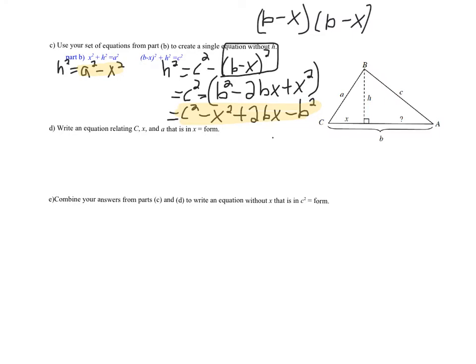And that gives me a squared minus x squared equaling c squared minus x squared plus 2bx minus b squared. So I've got that equation right now. I'm just going to hold on to it.